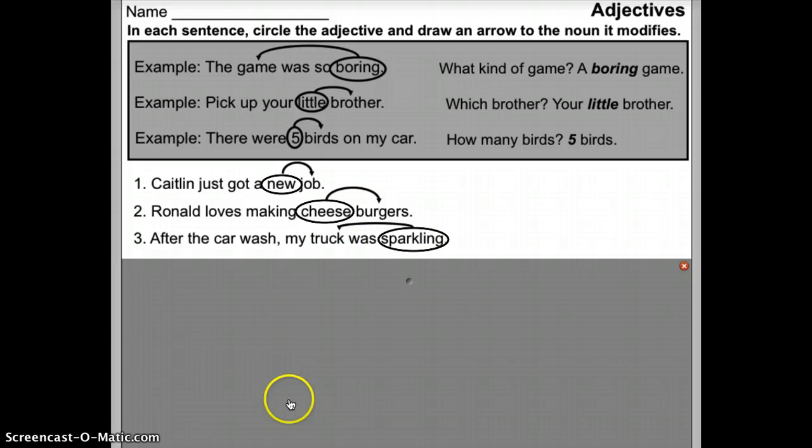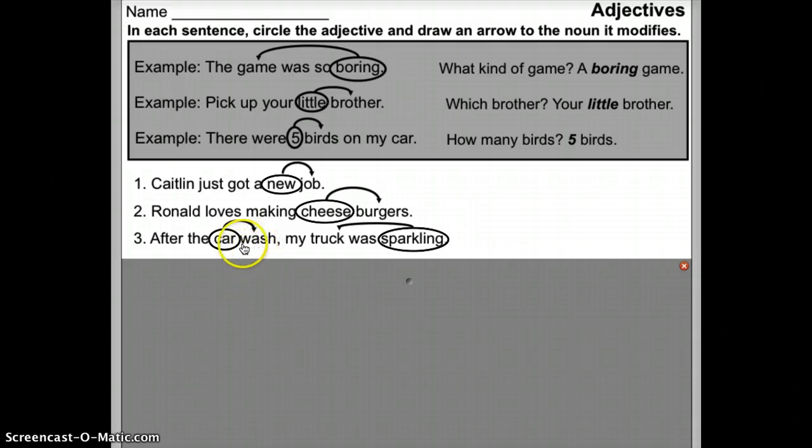The tricky thing, though, is there's an extra pair of an adjective and a noun. If we look here, it says after the car wash. So I know car is usually a noun, but in this case, it describes the noun wash. So what kind of wash? Is it like a window wash or something else? No, it's a car wash.